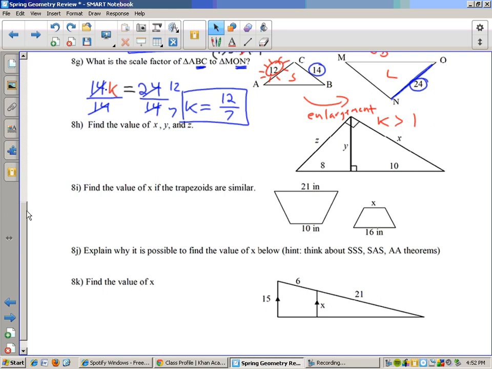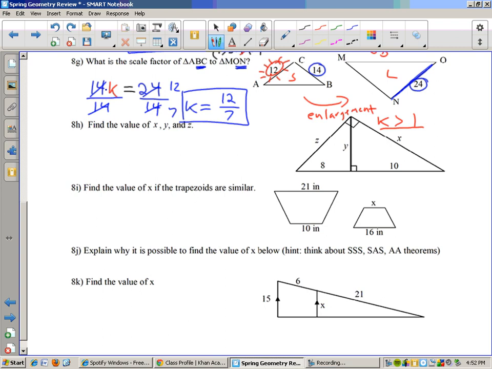Okay, next one. I'm going to have to erase some of this. I think I've kind of encroached here. Oh, and let me ask real quick. We were going to use this one to check. K is greater than 1. Is 12 divided by 7 bigger than 1? Well, put it in your calculator, and I believe it's 1.5. What is it? 5.4? What? 1.71?